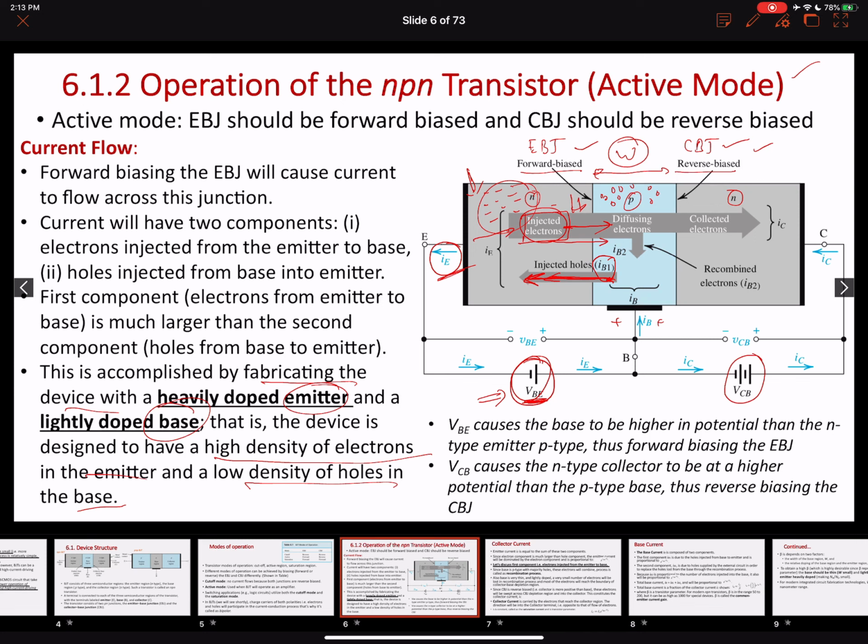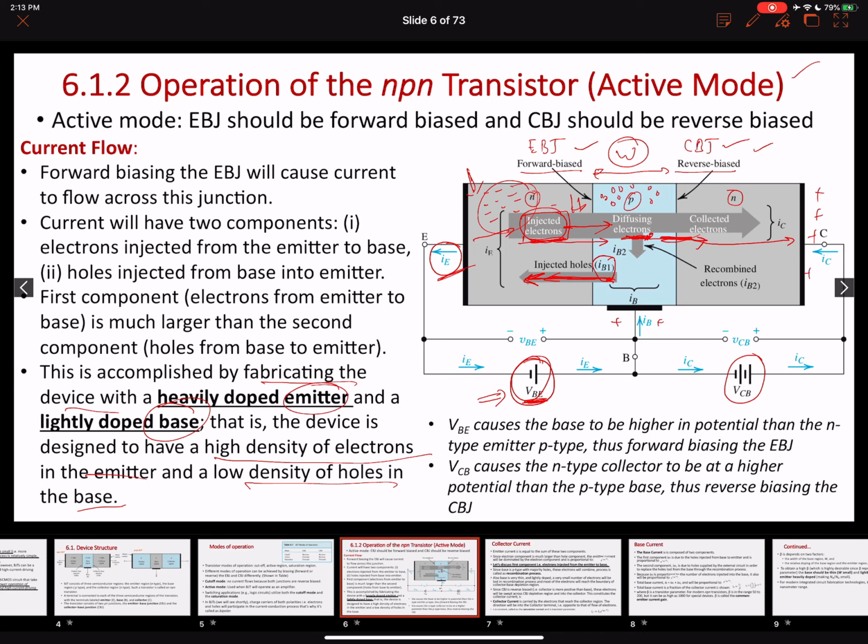So we have a bunch of electrons that get injected into the base region. Some of these electrons combine with the holes in the base region and are neutralized by the process known as recombination. The majority of these electrons will be swept across the collector-base junction and move all the way to the collector region. And why is that? Because our collector-base junction is reverse biased.